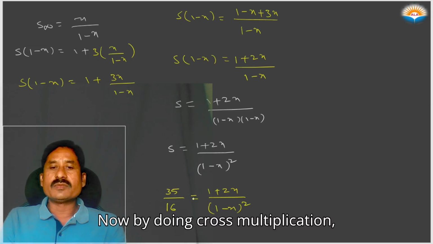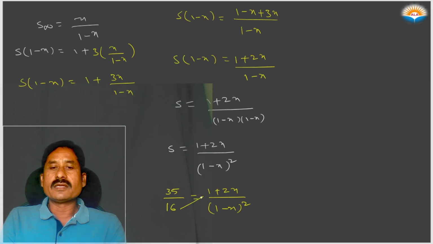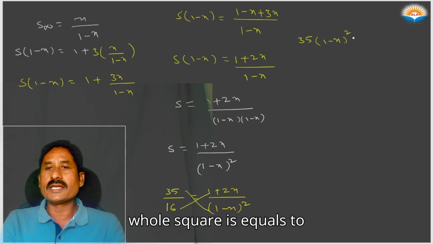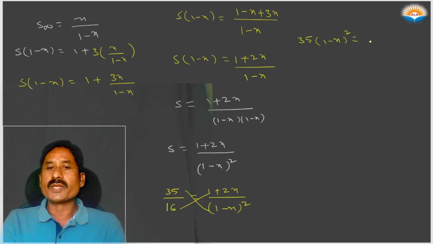Now by doing cross multiplication, now what is that? 35 into 1 minus x whole square is equal to 16 of 1 plus 2x.